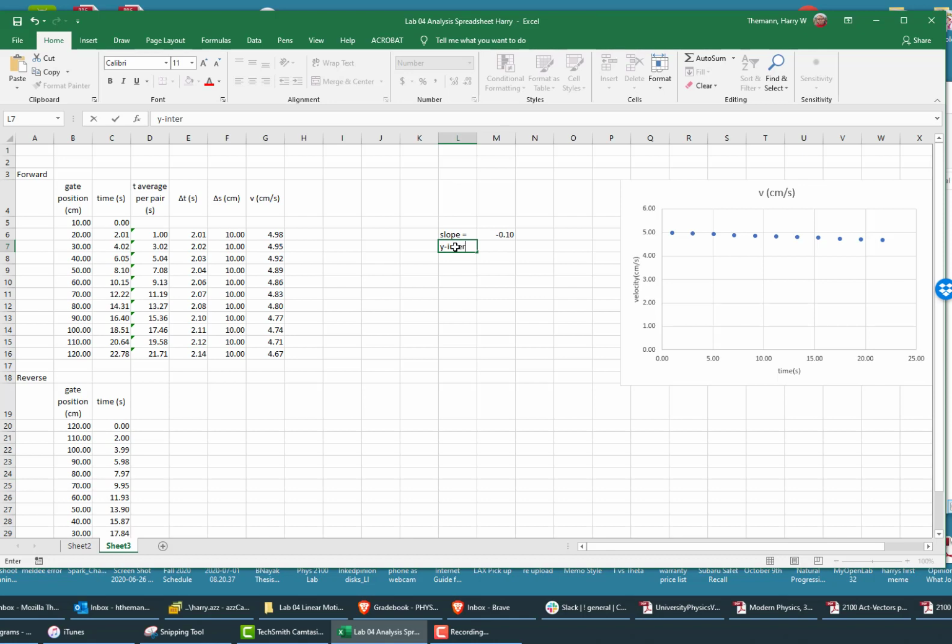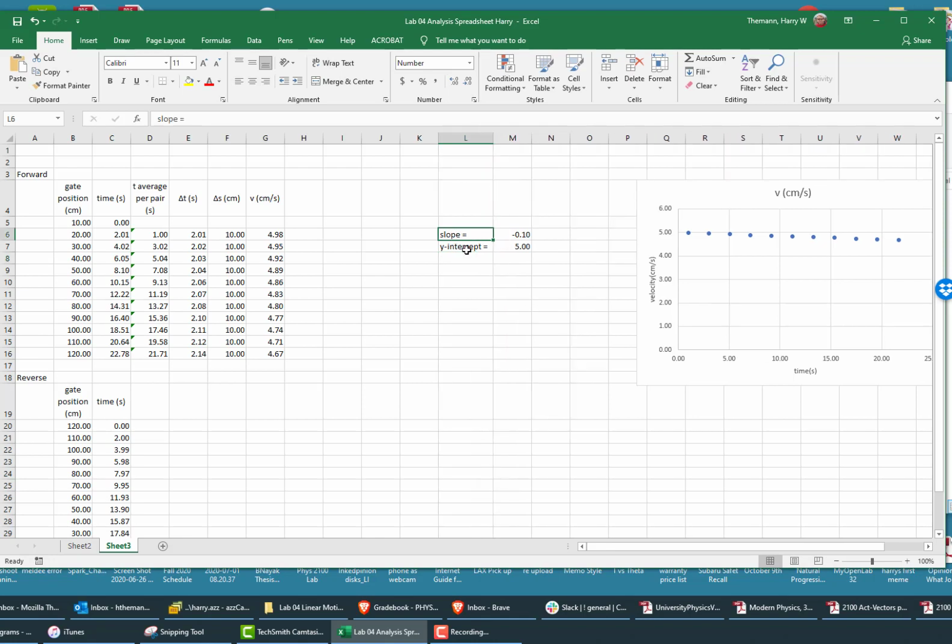Hopefully this isn't foreign words to you, huh? And oops, this looks like 5, and we see that needs to be a little bigger. Okay, so we got our 2 parameters.